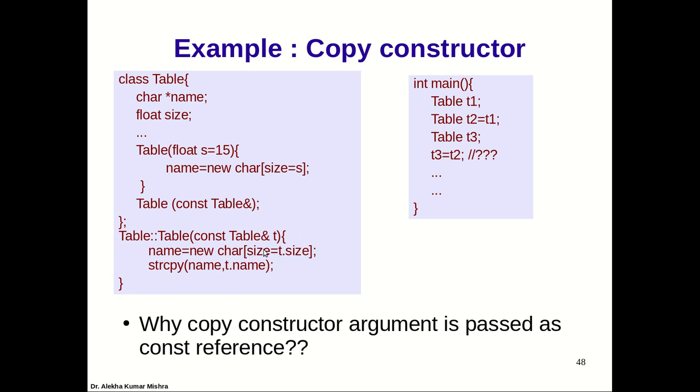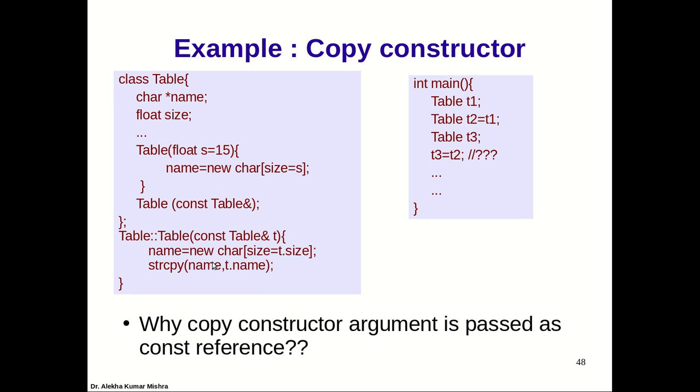First of all, we are initializing the size value of the newly created object by t size. Secondly, we are passing this value size as an argument to this particular char, so that dynamically this many characters will be created. Once it is created, we are using the strcpy function to copy the name from t name to name.